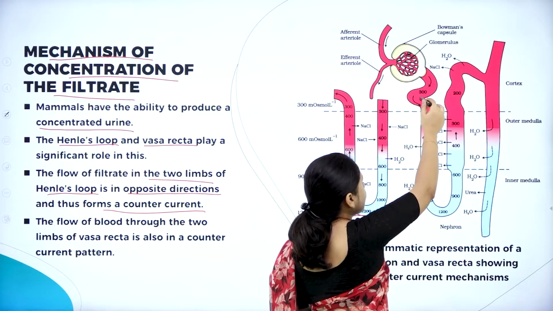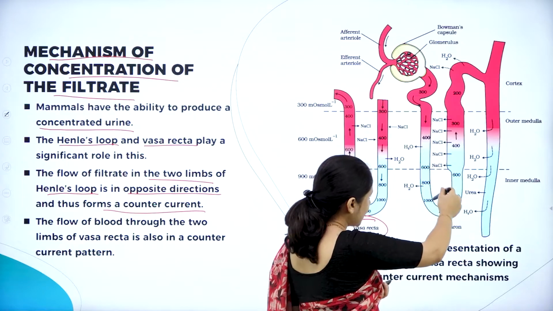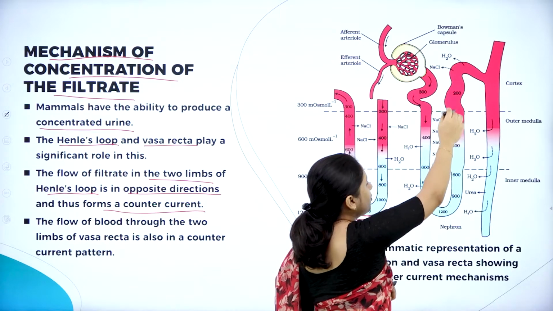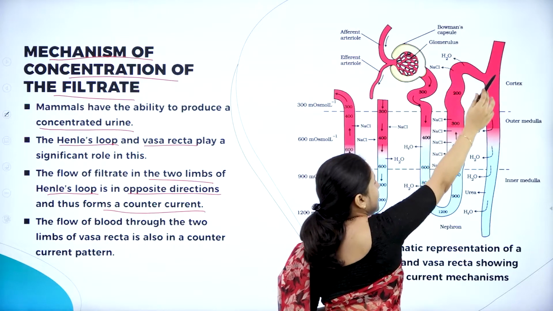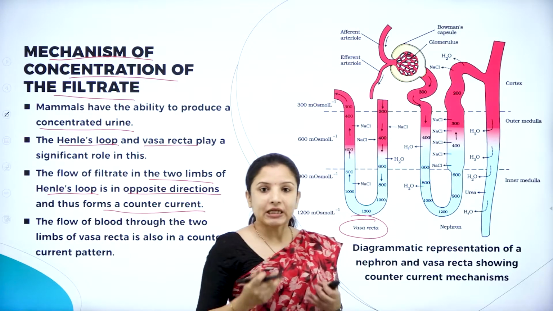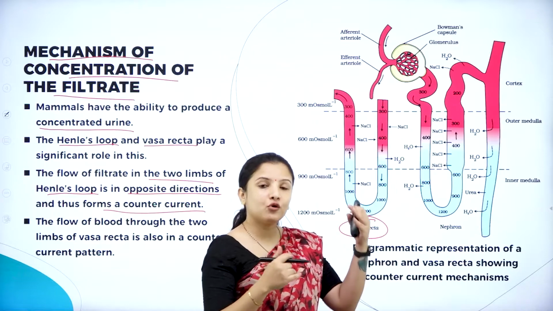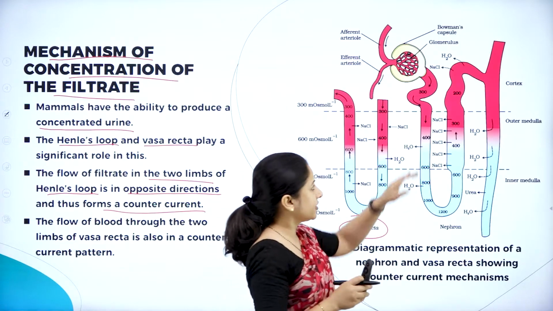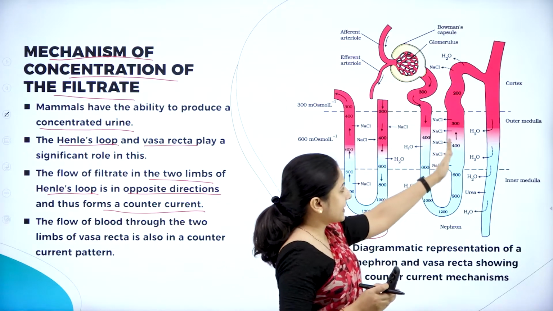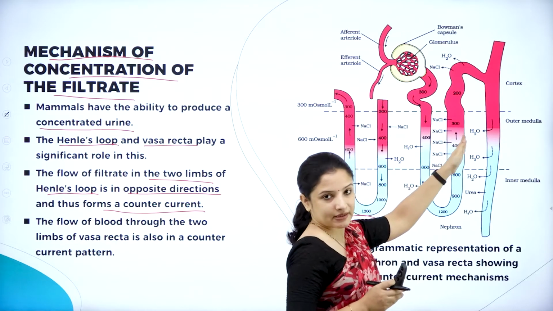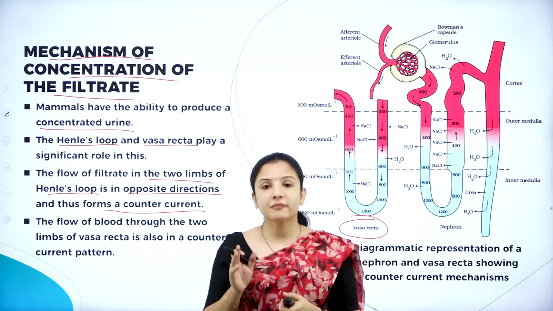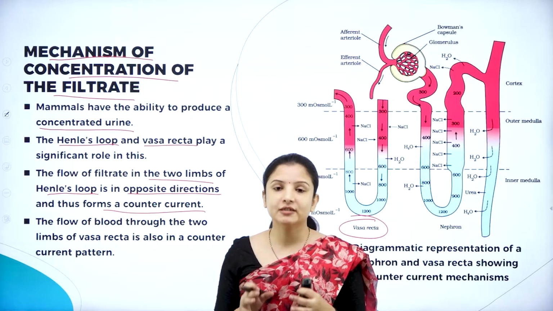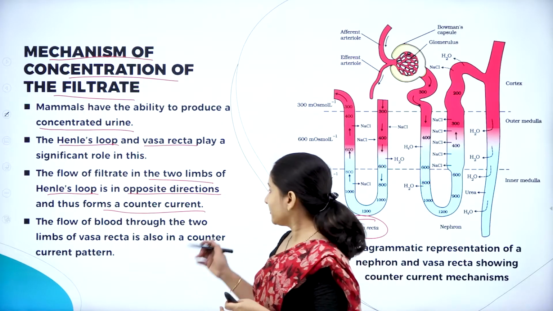In the descending limb, it flows downwards, and in the ascending limb, it flows upwards, wherein it will reach the convoluted tubule and then enter the collecting duct. Therefore here the flow is in opposite directions. Here it is moving downwards. On the ascending limb of the Henle's loop, it is moving upwards. Such a mechanism of flow of urine is called the counter current mechanism.